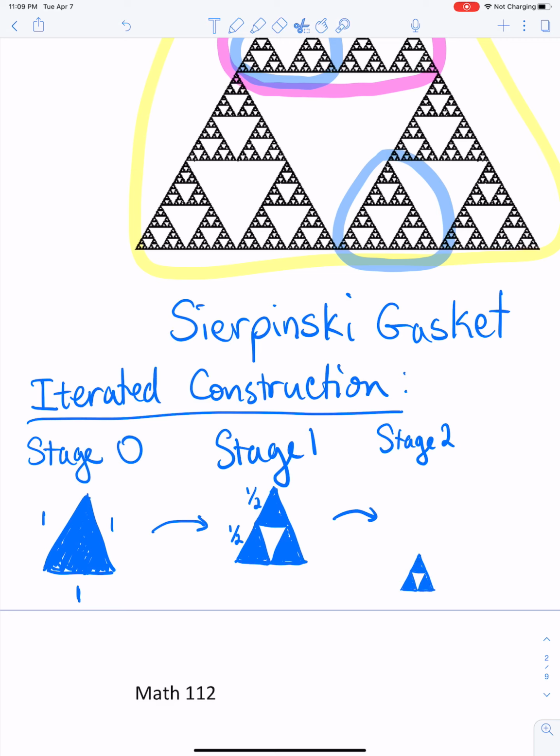Have I shrunk it about the right amount? I think so.